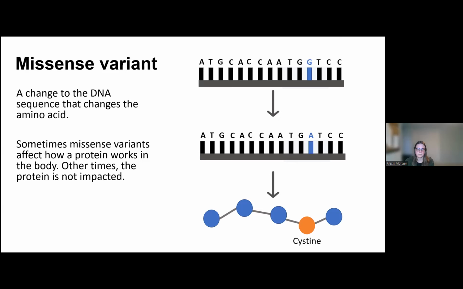Thank you. And then to go on a little bit more about what truncated variants are. Truncated variants usually are when there's a change in the code that results in something similar to, as Alexa was talking about, a stop codon. And so it shortens the protein.